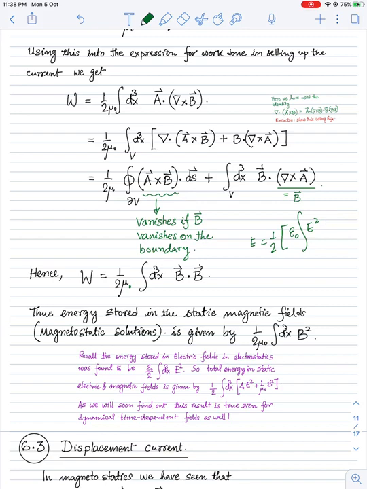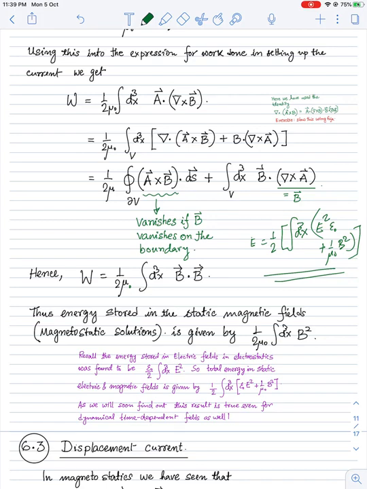Let me write it compactly. Half of the integral d cubed x of epsilon naught E squared plus 1 over mu naught B squared. This is exactly what you have found in both electrostatics and magnetostatics taken together.